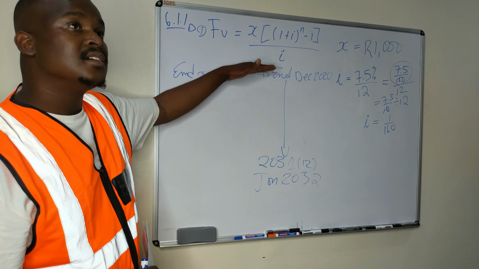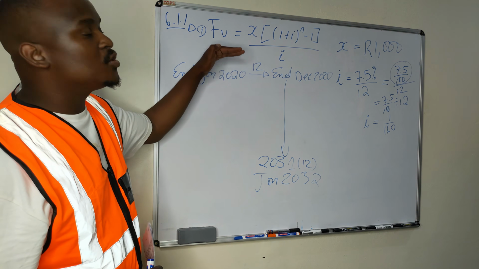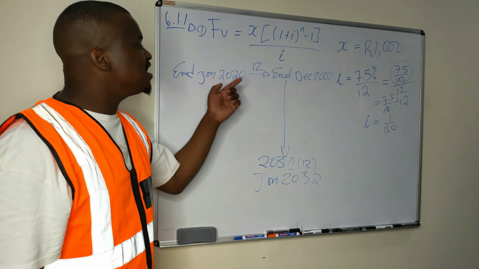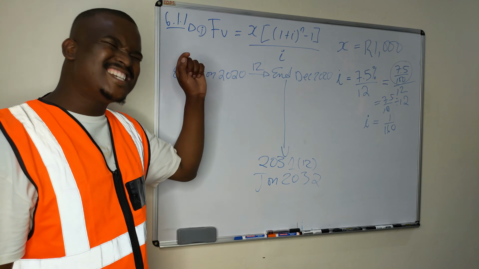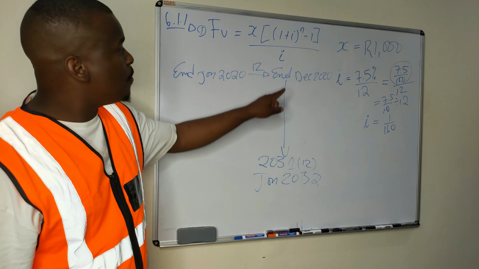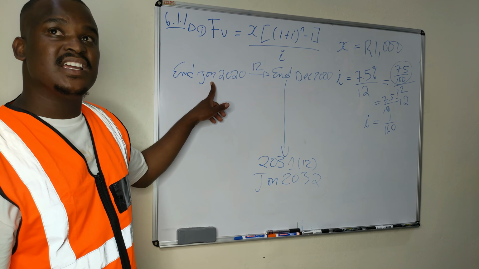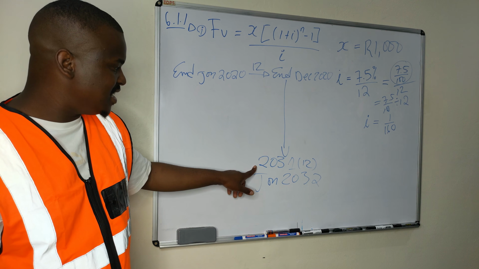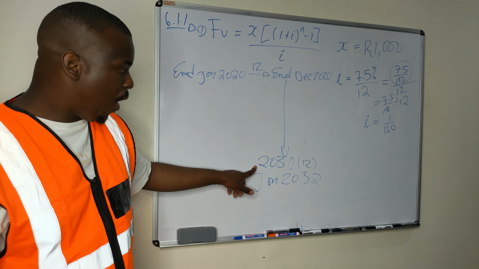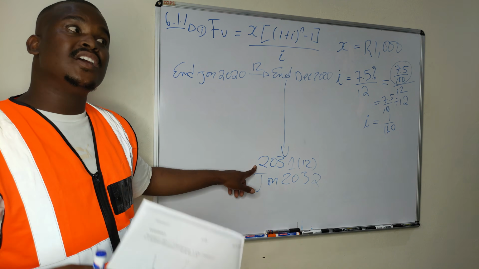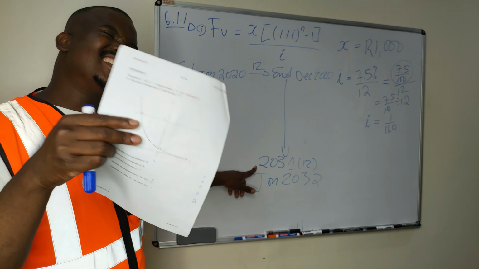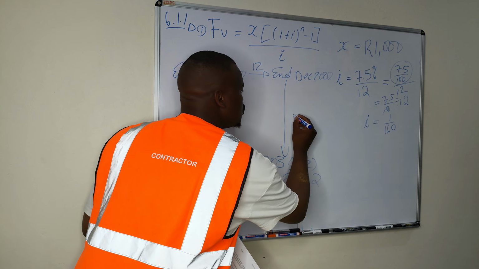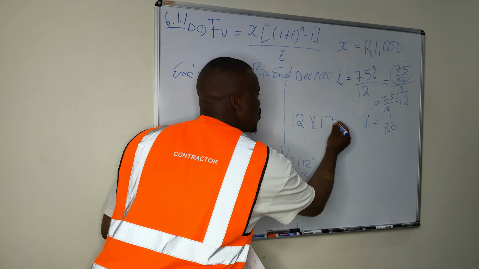So from the end of January 2020 to the end of December 2031, this is 12 years, and he made 12 payments each of those years, which means from here to there, a total of 12 years times 12 payments was made, right?